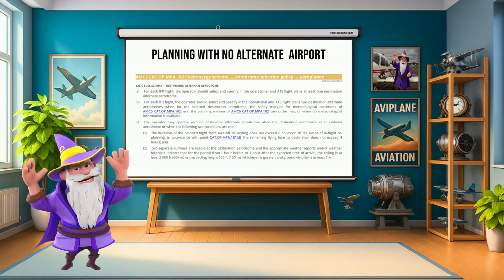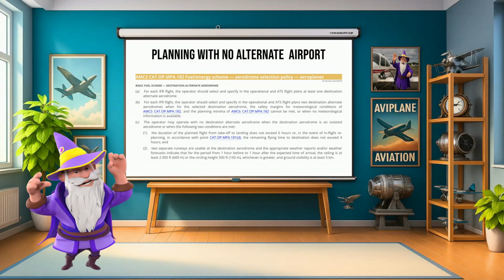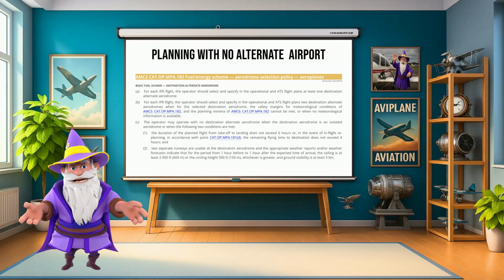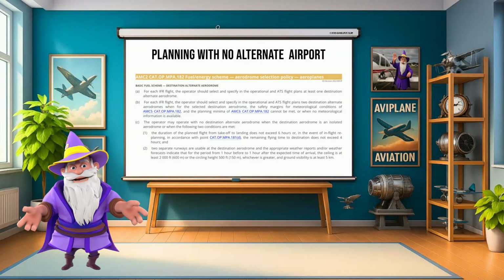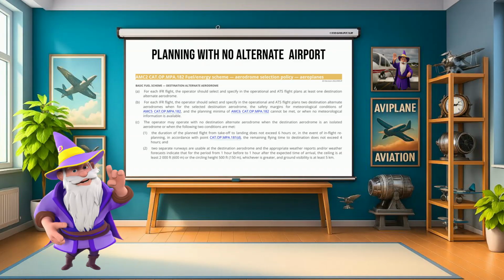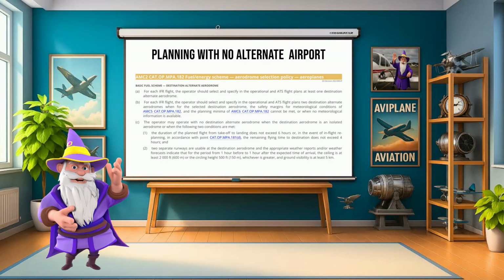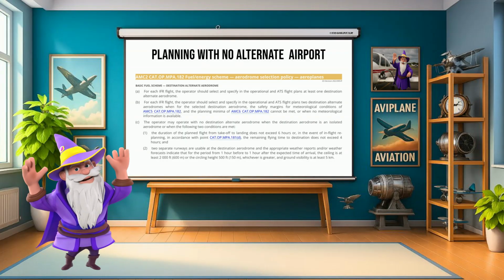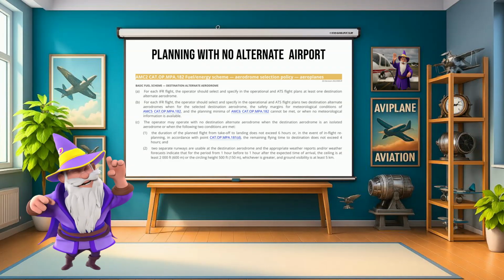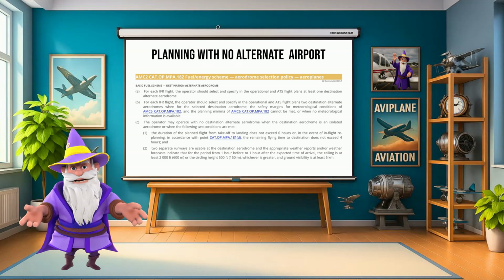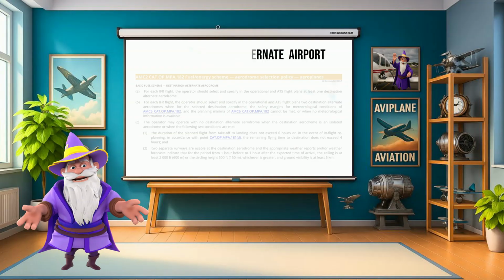And second, 2 separate runways are usable at the destination aerodrome, and the appropriate weather reports for the destination aerodrome indicate that for the period from 1 hour before until 1 hour after the expected time of arrival at the destination aerodrome, the ceiling will be at least 2,000 feet, or the circling height plus 500 feet, whichever is greater, the ground visibility will be at least 5 kilometers, and no thunderstorms or shower activities are present or expected in the vicinity of the aerodrome.